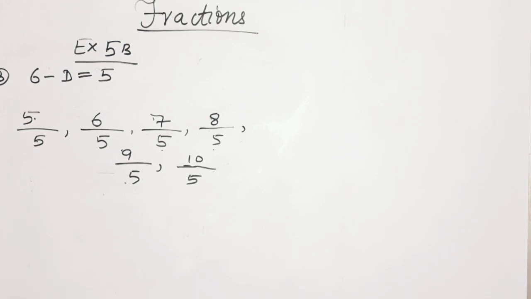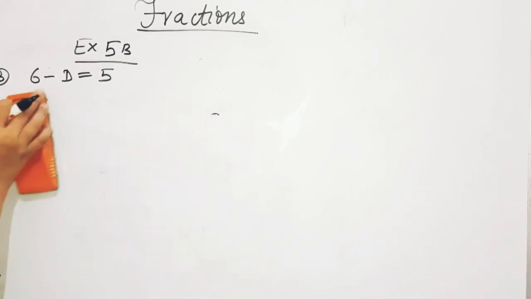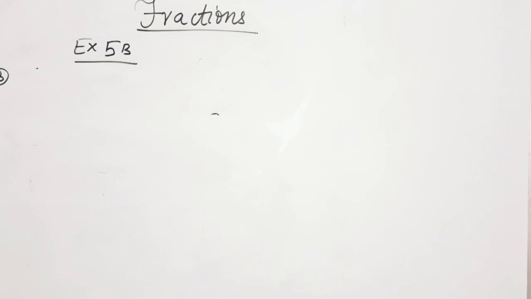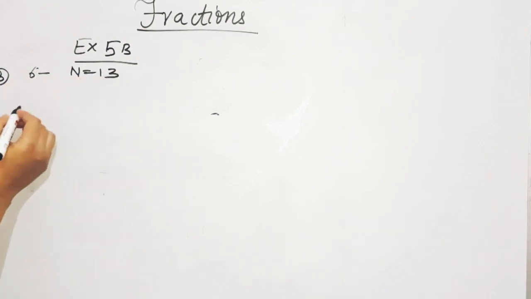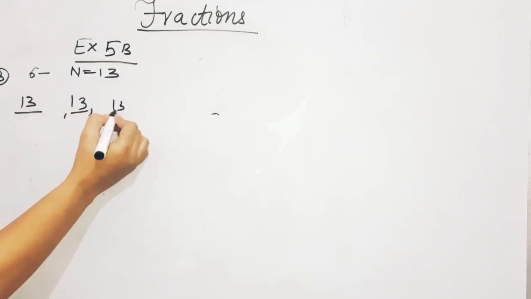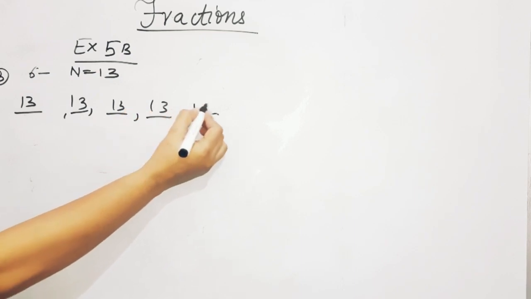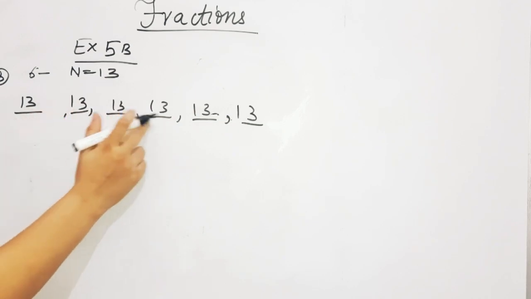Now write 6 improper fractions with numerator 13. मैंने आपको न्यूमरेटर 13 यानी कि न्यूमरेटर 13 आपका जब होगा तो numerator 13 means it should be greater than the denominator. तो जब आप 13 न्यूमरेटर लिखेंगे, 6 fractions with numerator 13, 6 improper fractions. We have to take 6 fractions, 1 2 3 4 5 6.